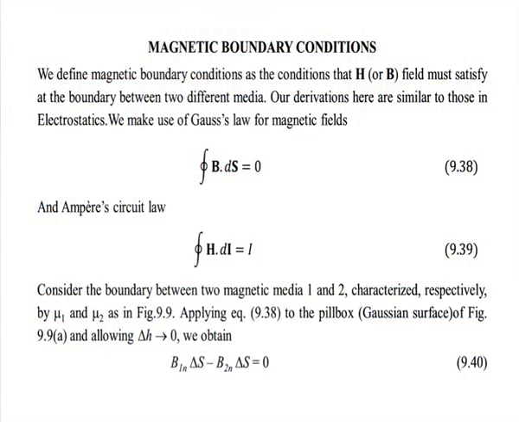The first is Gauss's law for magnetic fields, which is B dot dS over the entire closed surface equal to 0, and the second law is Ampere's circuital law, that is H dot dl over the closed path is equal to the current enclosed, I. Now consider the boundary separating two magnetic media which have permeabilities of mu1 and mu2 respectively.